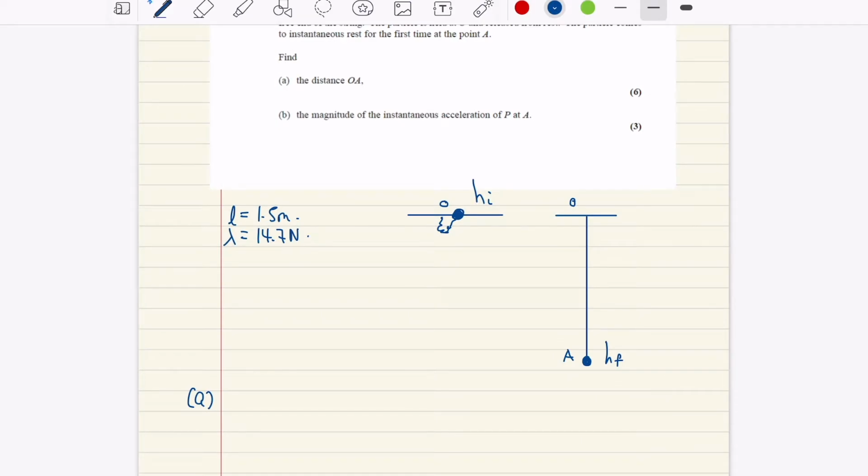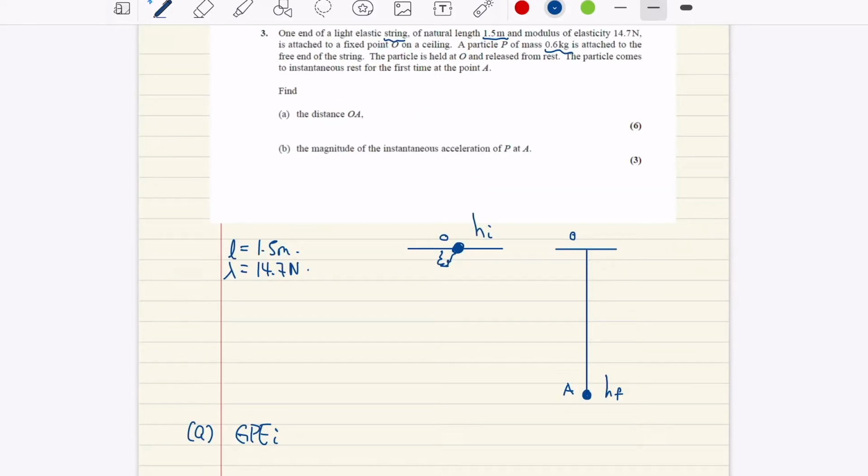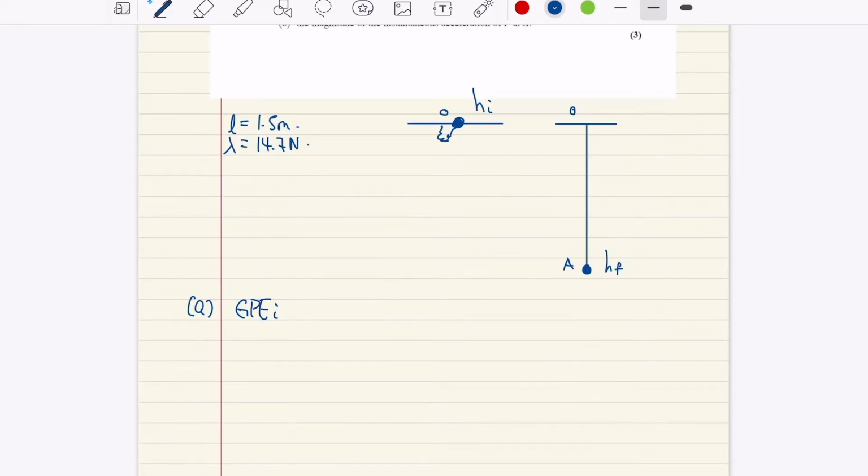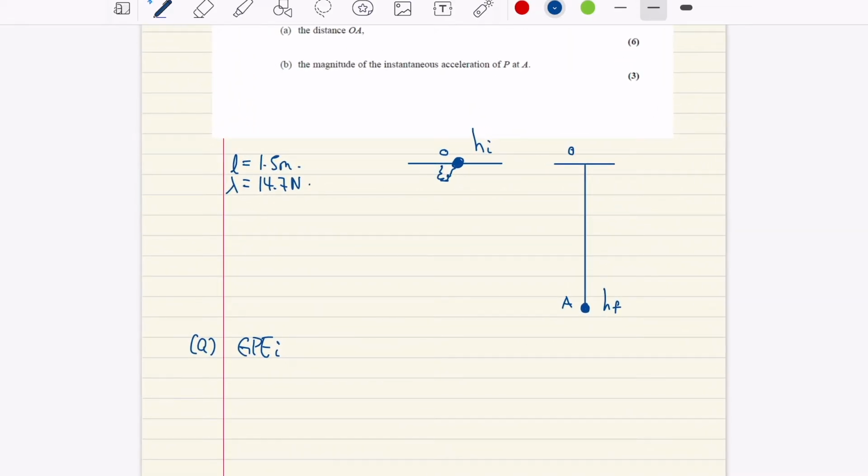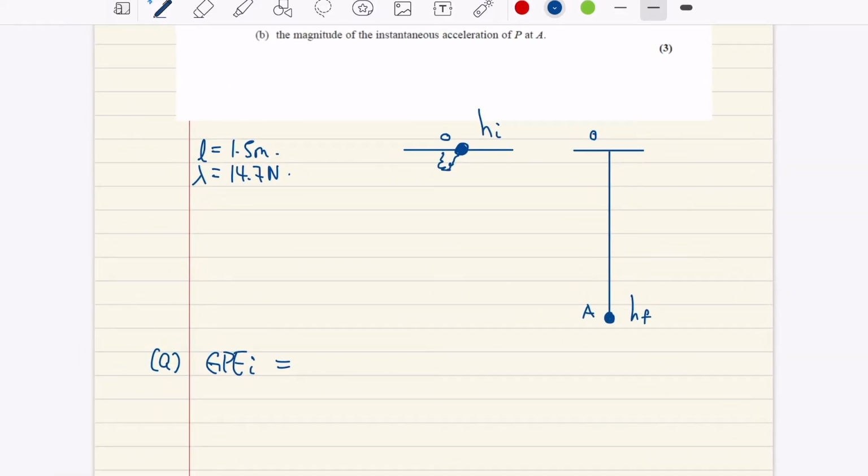Initially, the particle has gravitational potential energy. It doesn't have velocity, so it doesn't have kinetic energy, and it doesn't have compression on the string, so nothing else, equal to the final, which is the HF. So there will be gravitational potential energy, and what about the kinetic energy?